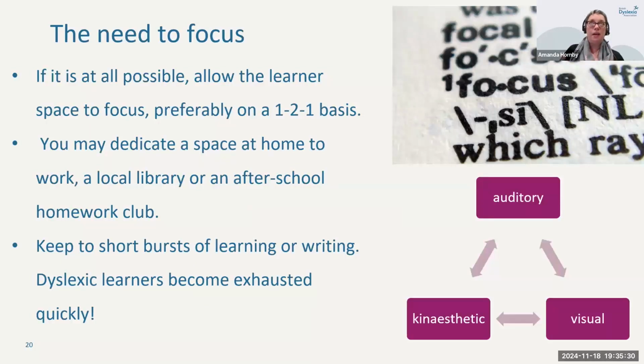We need to remember that the first thing is that they need to be able to focus. They need as much multisensory learning as possible, which means connecting the auditory, the kinesthetic, and the visual together. For example, if they are writing something down or doing a spelling, they say it out loud, so they hear those sounds.